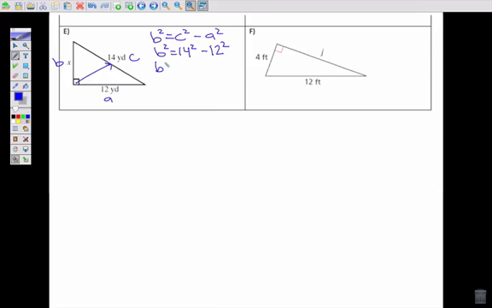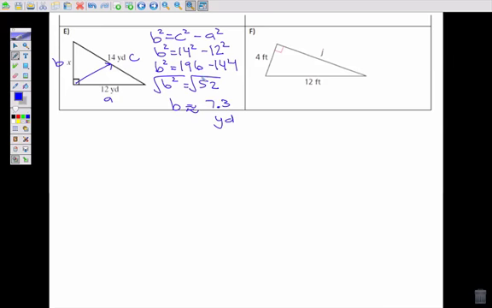So B squared is equal to 196 minus 144. So B squared is equal to 52. Square root both sides. So B is equal to, I already did this on my calculator and I figured out that the square root of 52 is approximately 7.3. And this one's measured in yards.